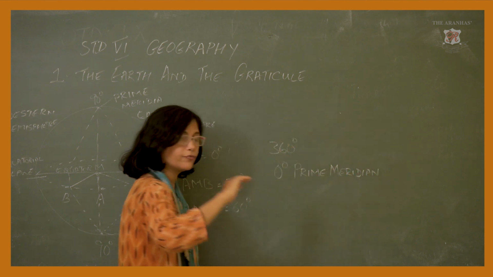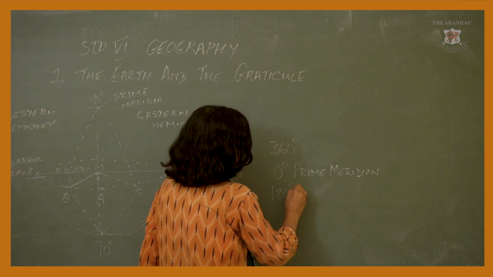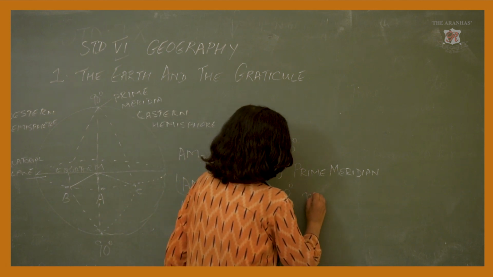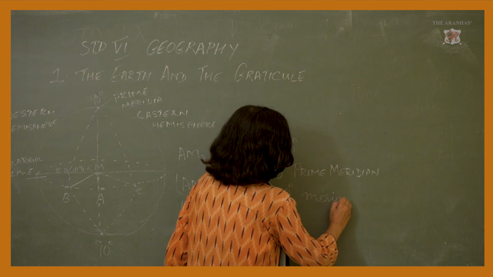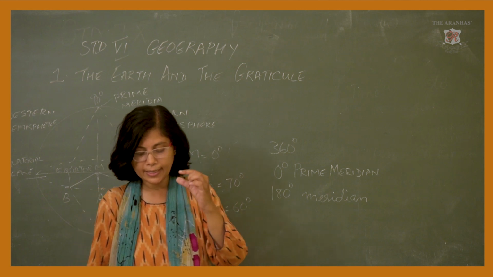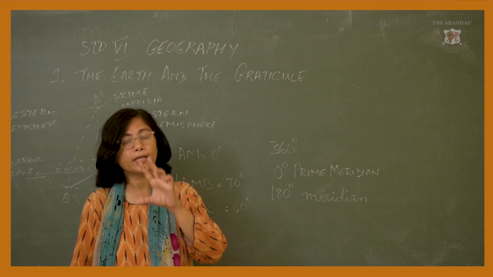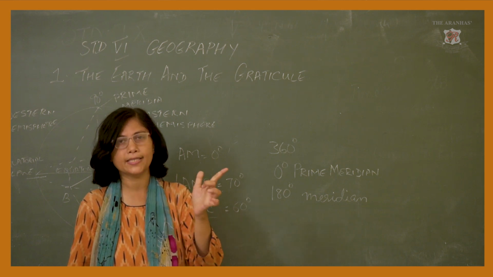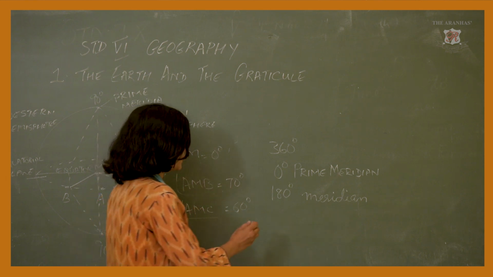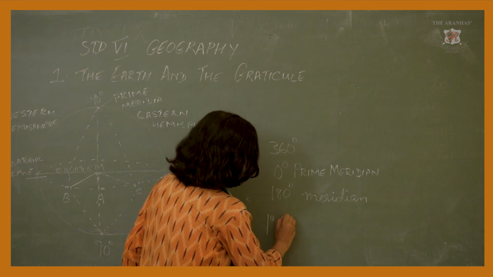On the other side of the globe, which we cannot see, is the 180 degree meridian. Similarly, with an interval of 1 degree, you are able to draw from 1 degree to 179 east meridians and 1 degree to 179 west meridians. They are all at an interval of 1 degree.